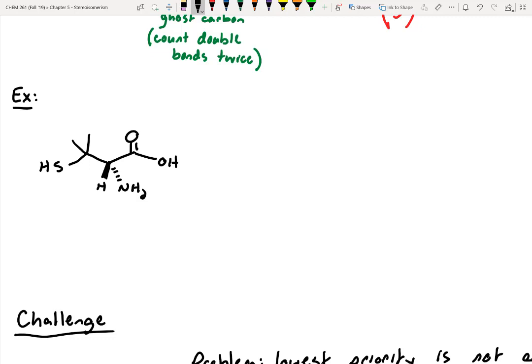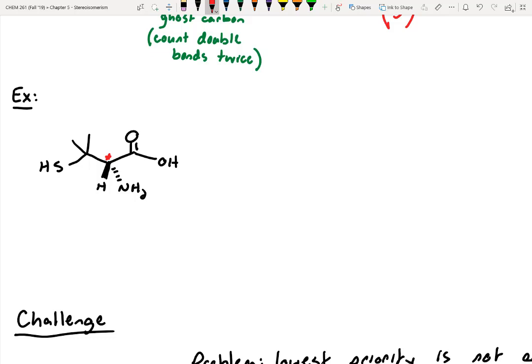Okay. I'm forgetting the name of this drug, but I think it's an arthritis drug. All right, so where's the stereocenter? Middle carbon right there. All right, now we've got to determine what's going to be highest priority.